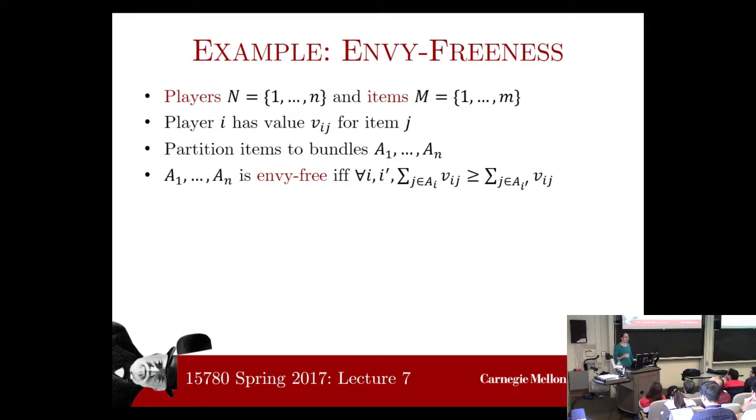Conceptually, this says every player prefers his own bundle to the bundle given to any other player, or in other words, no player would want to swap his bundle with any other bundle that was allocated. Mathematically, the value of i for his bundle is the sum over all items j in his bundle of v_ij, and the value of i for player i prime's bundle is the sum over all of the items in the bundle of i prime, again of v_ij.